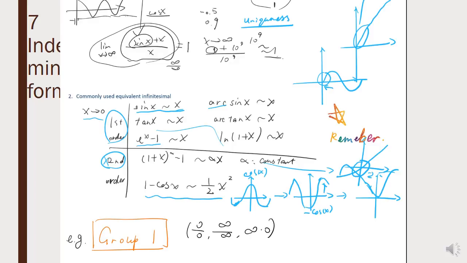Basically, you can see in this area it's very similar to the quadratic function, or more generally the second order function, which looks like this. This is the quadratic function, and this is our minus cosine x. When x is approaching 0, they look very similar. So that's why we can convert the complex 1 minus cosine x to 1 over 2 x squared.